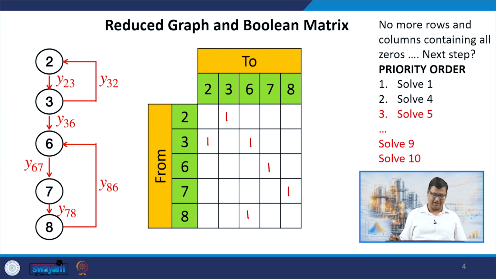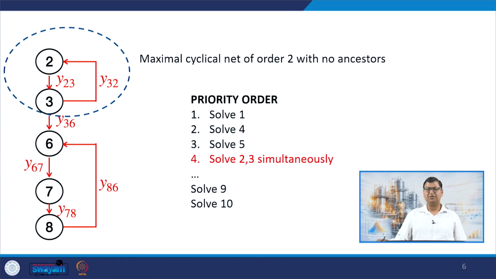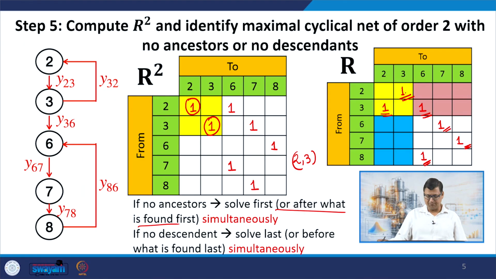So, we already have figured out that 1, 4 and 5 have to be done first. So, this will come after that. And what is also important is that the balances of 2 and 3, because it is a cyclical net, have to be done simultaneously, right.